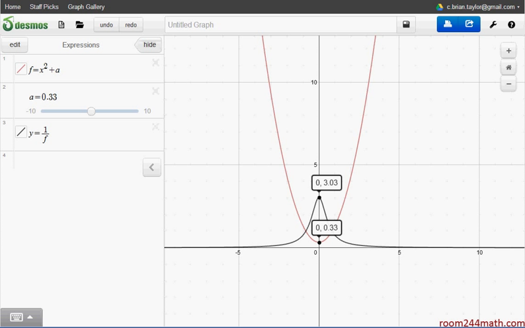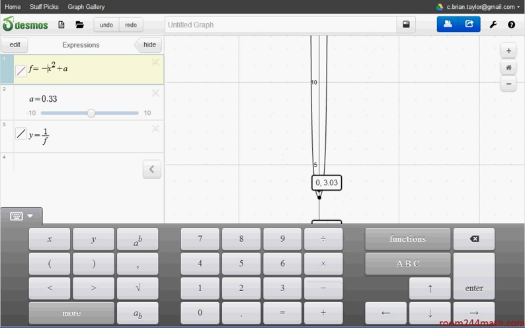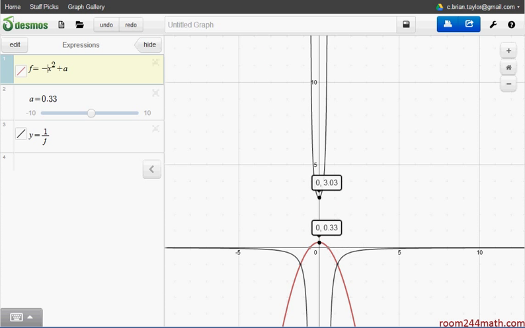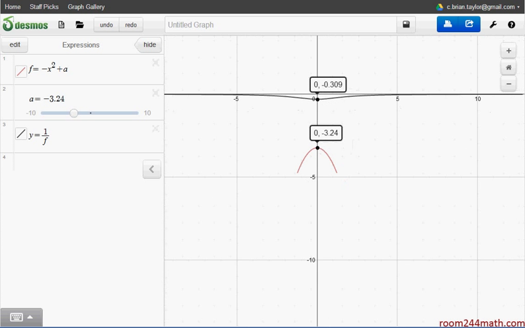If I put a negative sign in front of this, initially that's not going to be entirely below, so I'll have to change the a to negative as well. And so now again I see the exact same sort of behavior that we saw when it was positive.